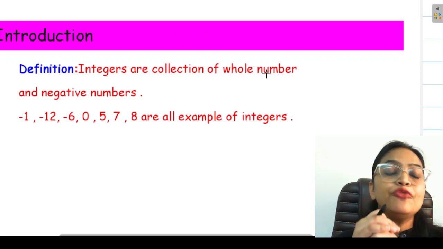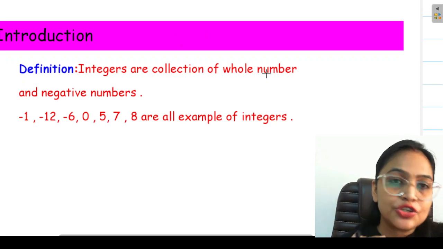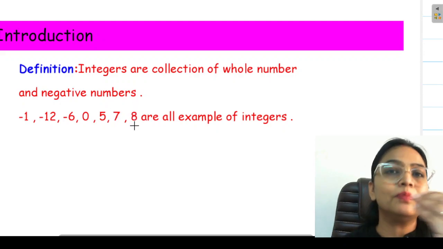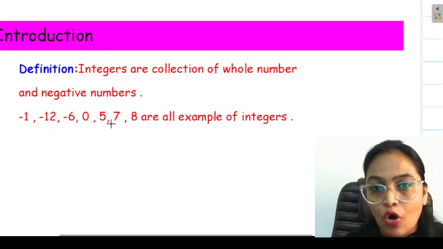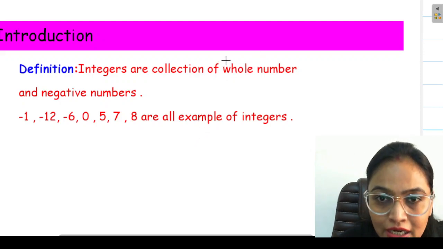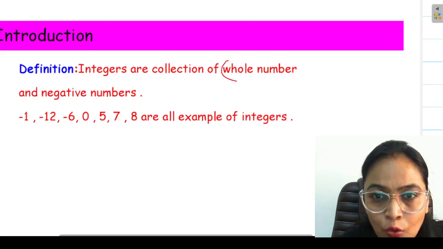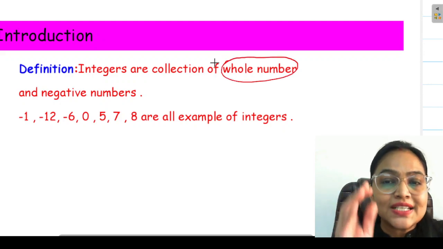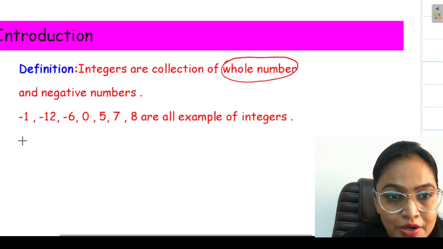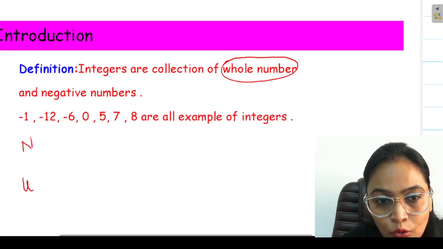Now, if I talk about the definition of integers, then integers are collection of whole numbers and negative numbers, and all these are the examples of integers, right? Now, here we have to see what are whole numbers. So, to understand this, we will go back to our 6th class and we will revise natural numbers and whole numbers, right?